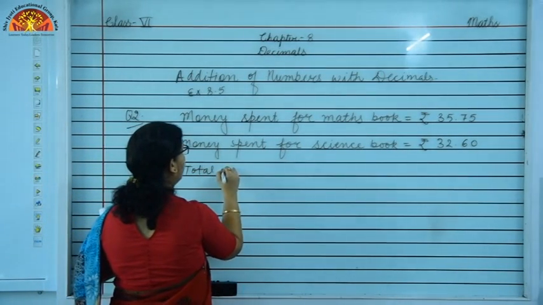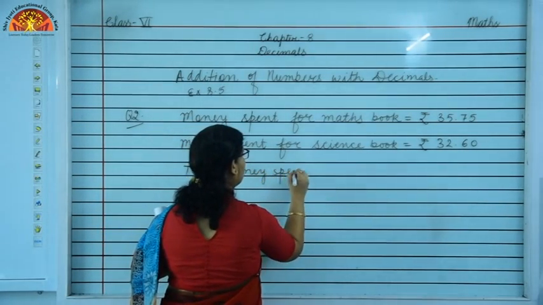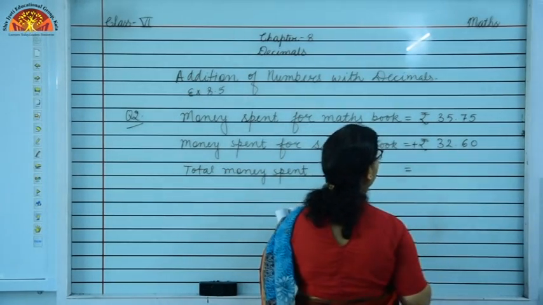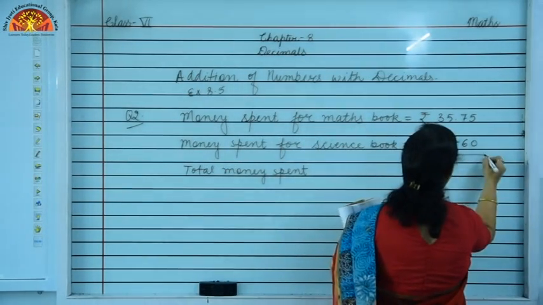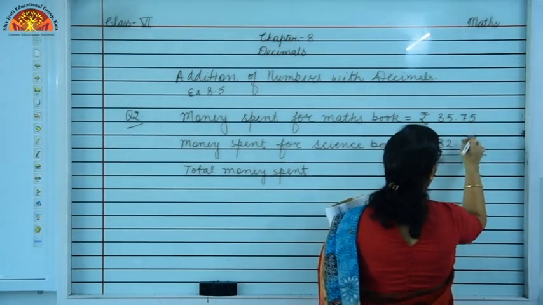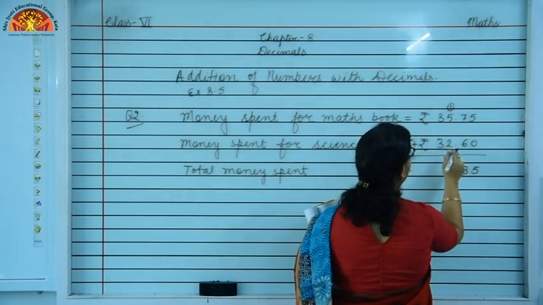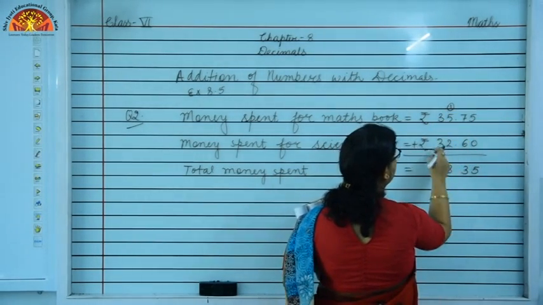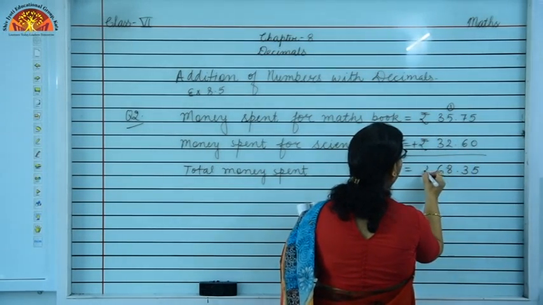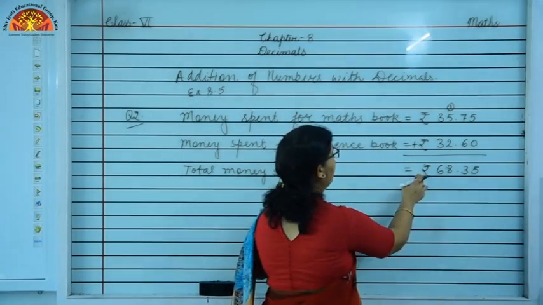Now total money spent by Rashid is equal to... अब टोटल फाइंड करने के लिए क्या करेंगे हम? प्लस, add both the numbers. 5 plus 0, 5. 7 plus 6, 13, 3, 1 carried over. Then 6 plus 2, 8. 3 plus 3, 6. Put decimal below decimal, and this is the total amount. So we write rupees here.